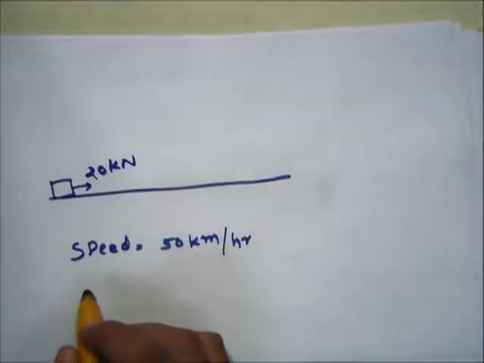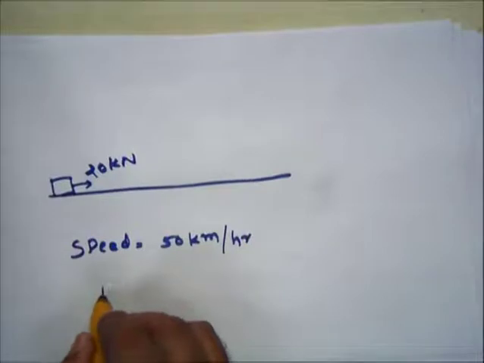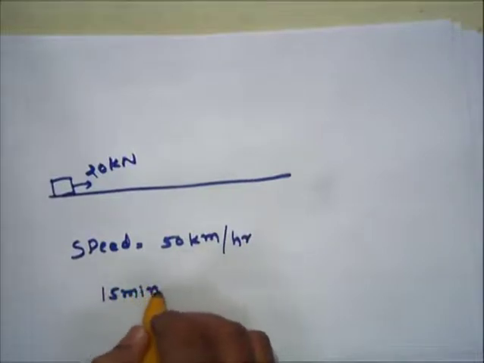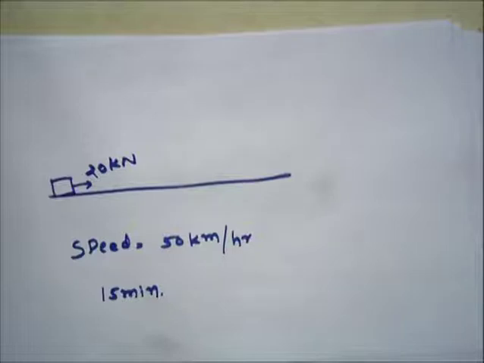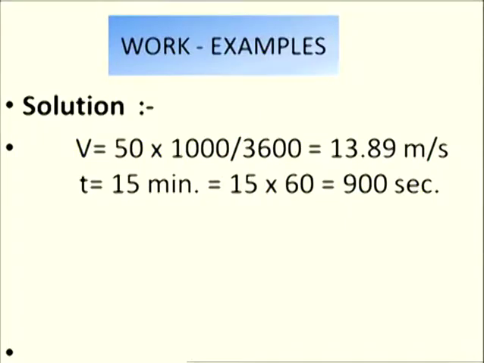So we have to calculate the work done in 15 minutes. So here velocity is 50 km per hour. So we have converted this into the meter, and that is 50 multiplied by 1000, divided by 3600 second per hour.